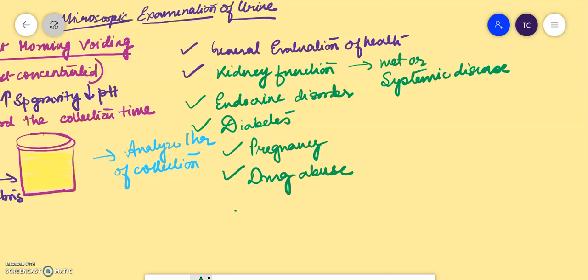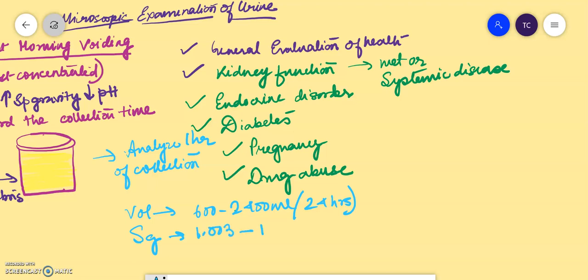Okay. So composition of a normal urine. The volume of the urine is 600 to 2400 ml per 24 hours. So average is 1200, right? Specific gravity is 1.003 to 1.030.